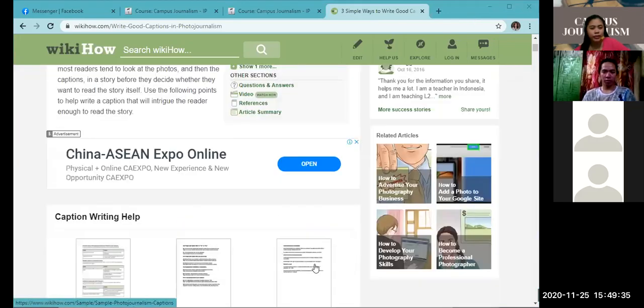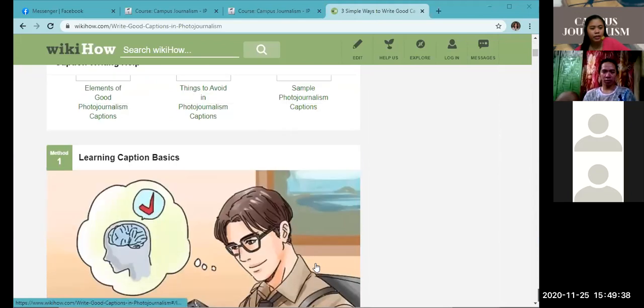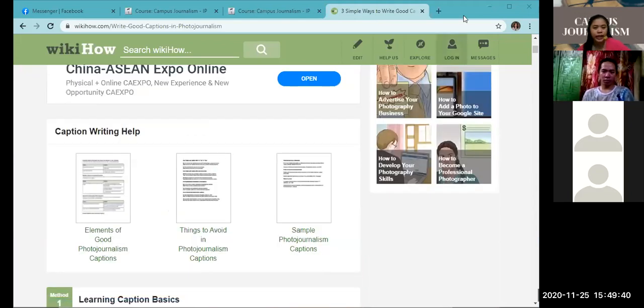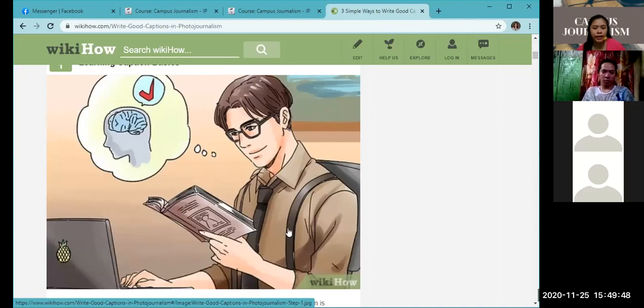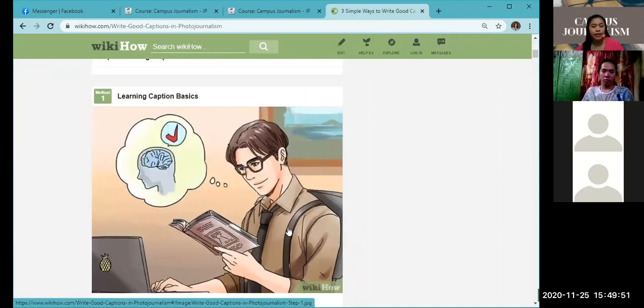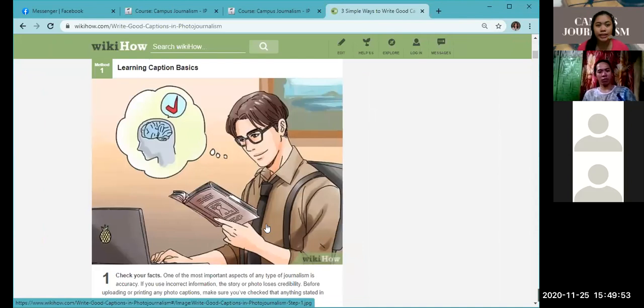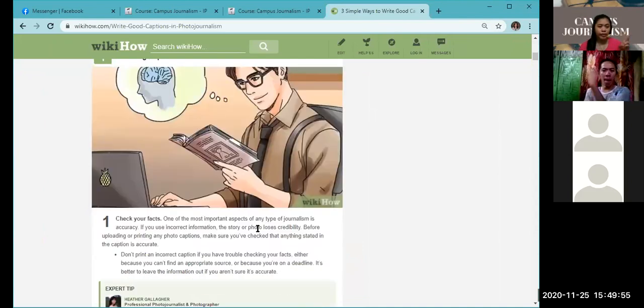Okay. So let's start first with the title, caption writing help. The first method is learning caption basics. So you should know what the basics in writing captions are. Of course, what is a catch line, what the body contains, and what we mean by credits.